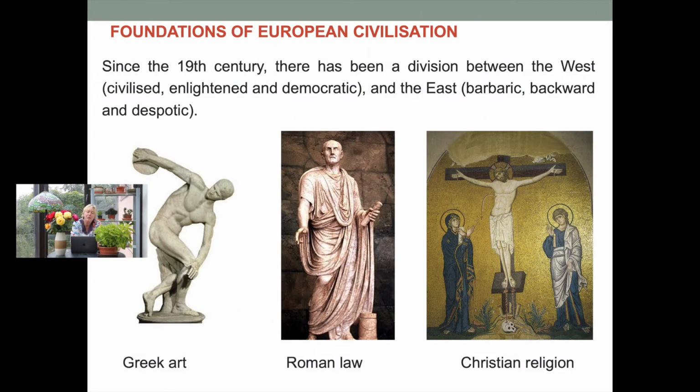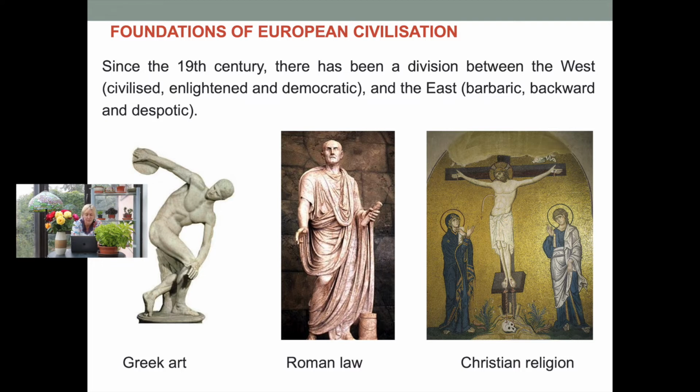But if we talk about European civilization and the symbolic foundations of European civilization, there has been a consensus among the scholars starting from the 19th century mostly, so around the time when anthropology and archaeology are studied, and generally people start to have more interest in the functioning of culture. So there has been a division between the West and the East.